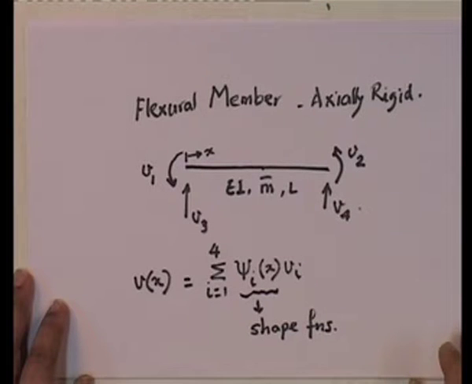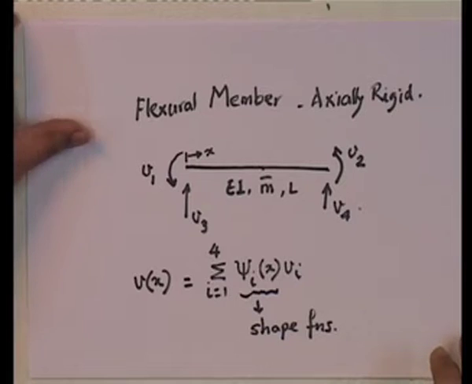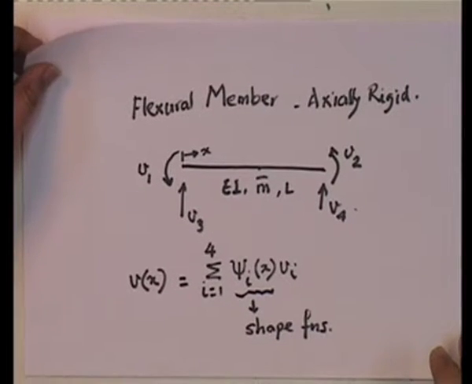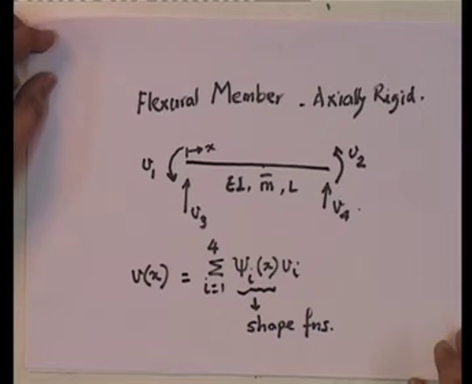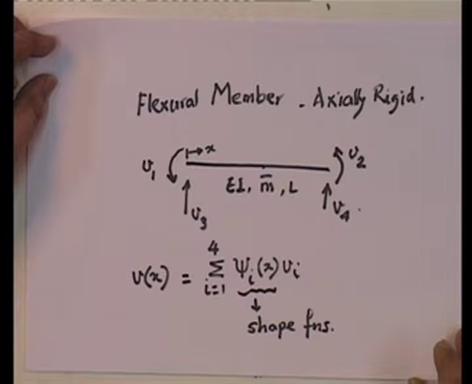Each one has its own shape function, and without having to develop these, because this is done in a structural analysis course, we are going to continue. Here I will use the standard shape functions, which are the cubic Hermitian polynomials. And if we look at what the cubic Hermitian polynomials are, they are the following.